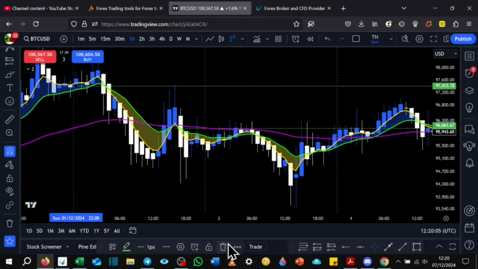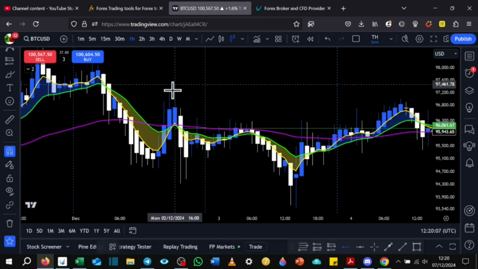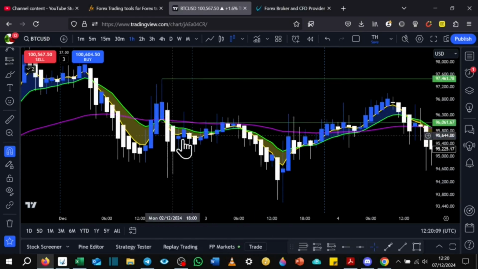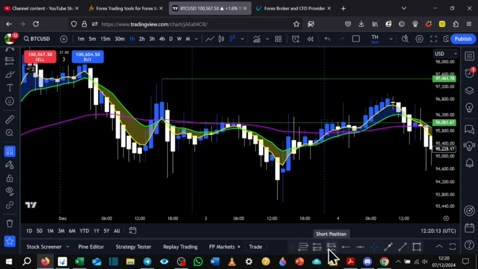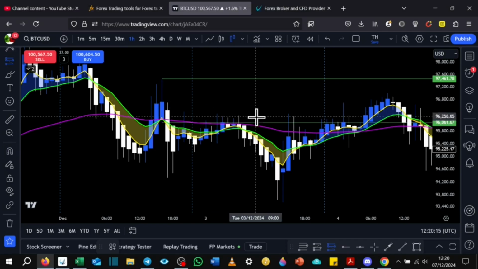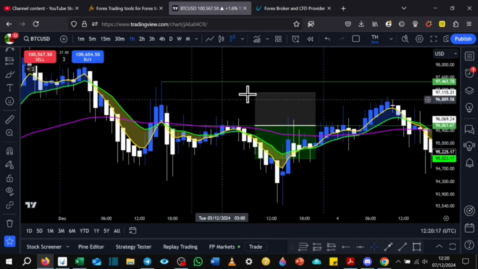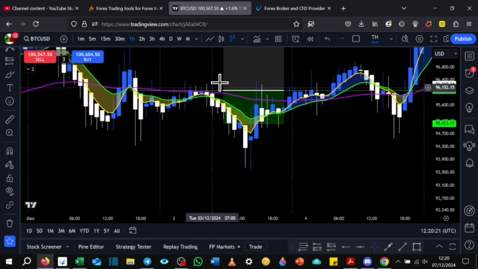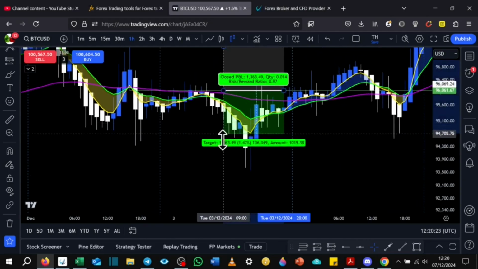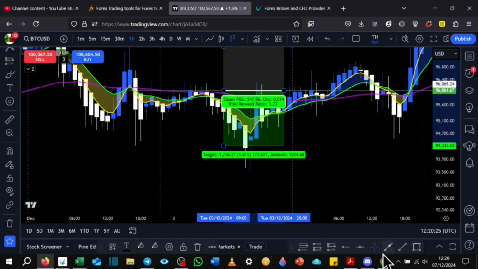So let's get this down here. It can't break through the 62 EMA. So we short here. Sorry, the stop loss is there. And then I would say the take profit is there.